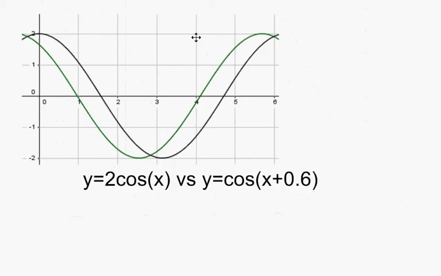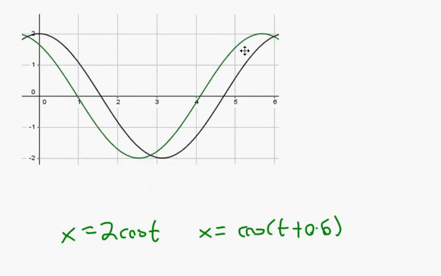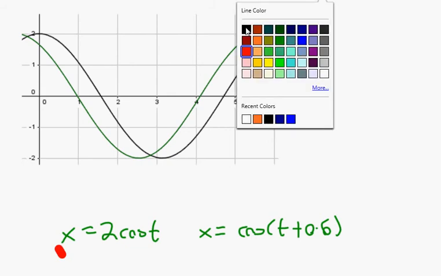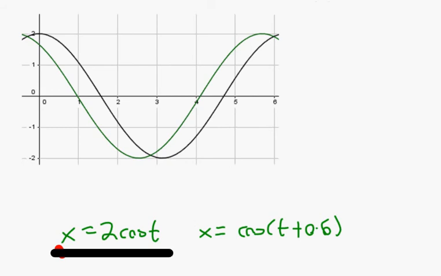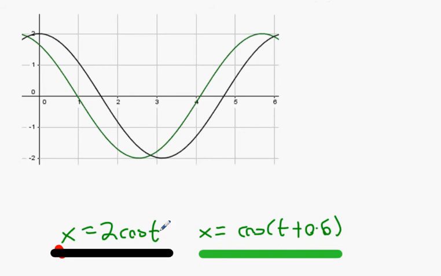Look at cos being affected as well. x equals 2 cos t, and x equals cos t plus 0.6. This is the black one, and the other one is the green one. This one is starting off at a positive 2 meters away from equilibrium. It starts off at the extreme value. Everybody alright with that? 2 meters away.